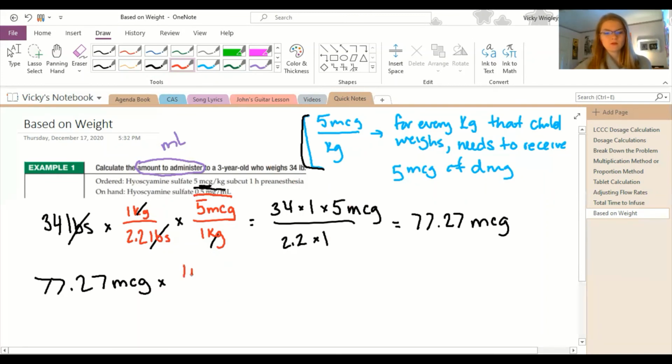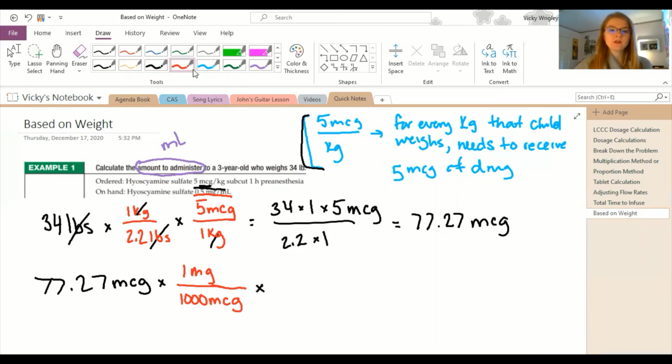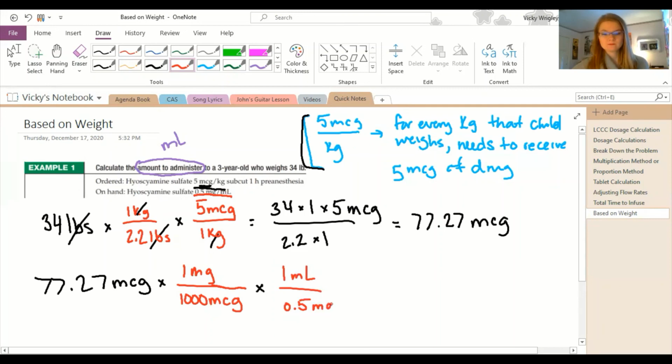So in a milligram, there are 1,000 micrograms. So we multiply by this to make sure that the units of micrograms will cancel out and we'll be left with milligrams. Then we can multiply by this right here. Milliliters will go on top so that the milligrams will cancel out.